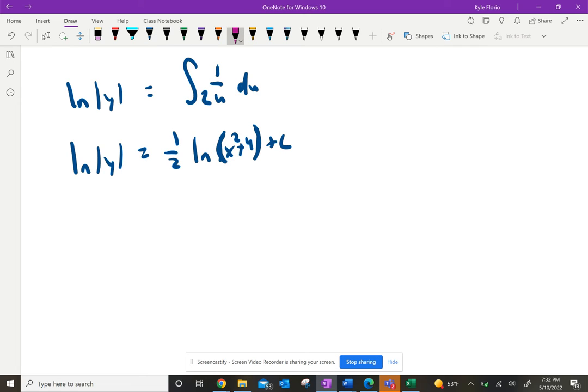So now we exponentiate both sides. So e to this equals e to this. The natural logs go away. There's one property of logs here.